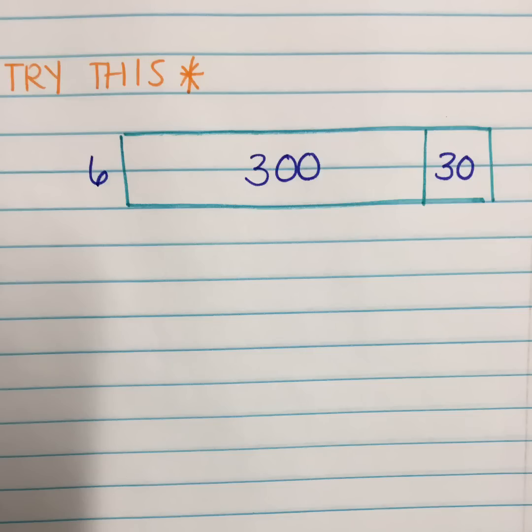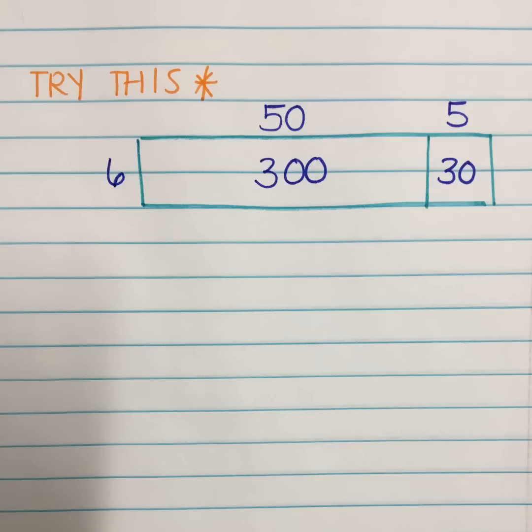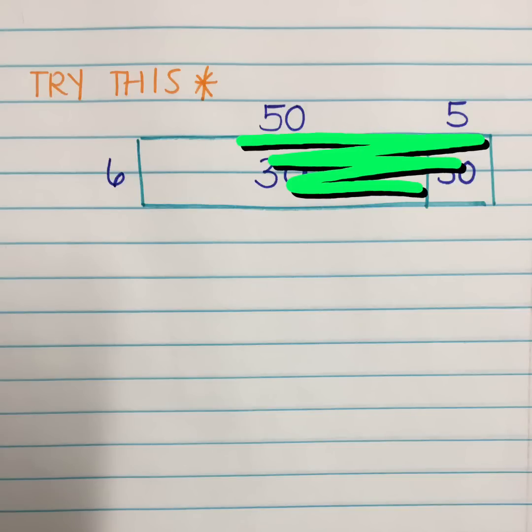Okay, so I know that 330 makes up 330. So I've divided my array to look this way. I already know that 6 times 5 is 30, so that would mean that 6 times 5 tens, or 50, is 300. These are my partial quotients.